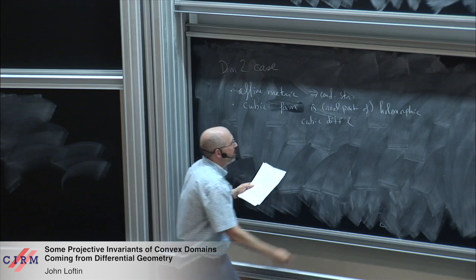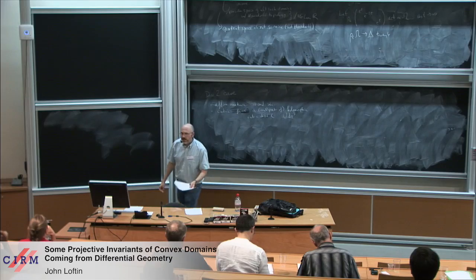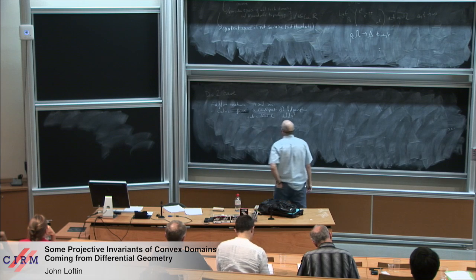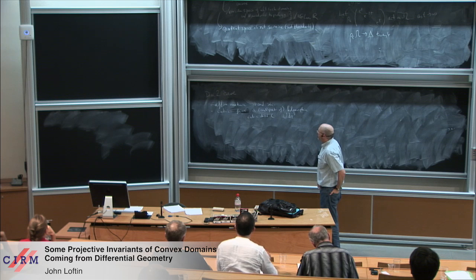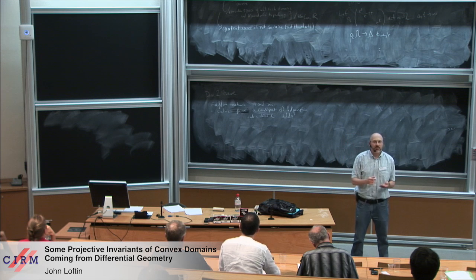Okay? So in this theory, there are going to be cubic differentials as opposed to quadratic differentials, which are more common in Teichmüller theory. This should not be particularly surprising, because as I've defined it, this comes from an elliptic equation, right?